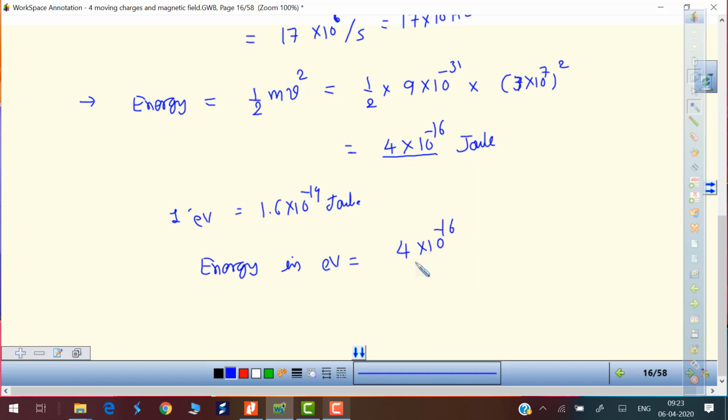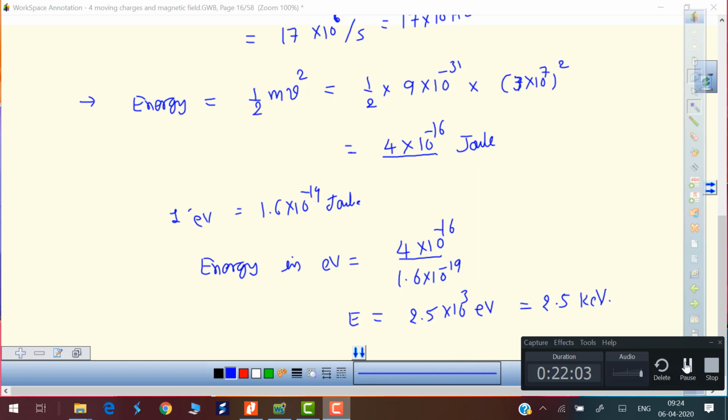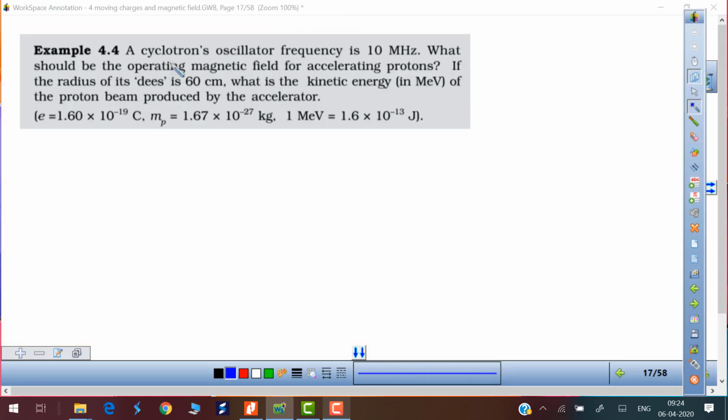Energy in electron volt is equal to 4 into 10 raised to minus 16 divided by 1.6 into 10 raised to minus 19. So that will be 2.5 into 10 raised to 3. This is in electron volt. Cancel k, so 2.5 keV. So this is your answer for energy.